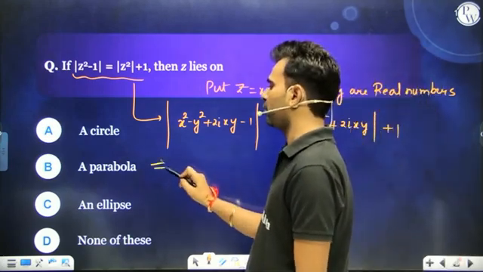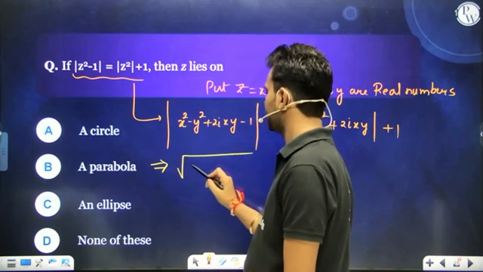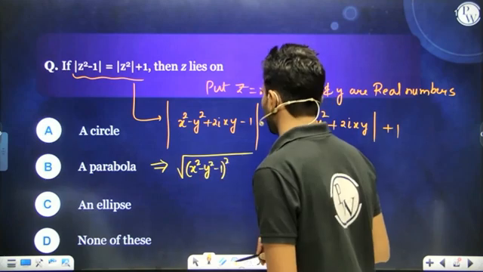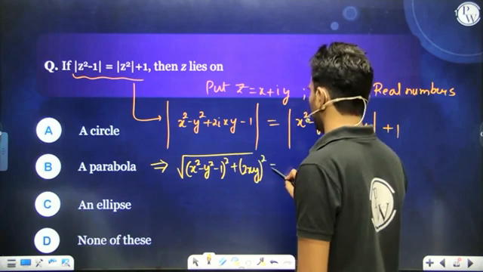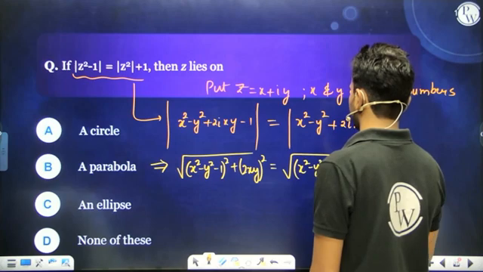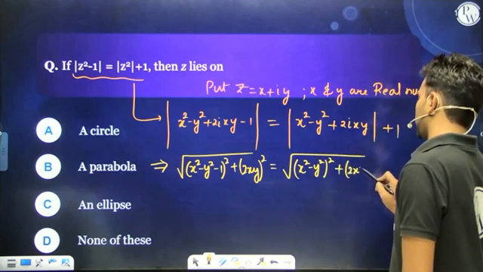Let's write down the modulus values of these two expressions. I hope you know the modulus. Under root of (x square minus y square minus 1) whole square plus (2xy) whole square equal to, over here it is going to be under root of (x square minus y square plus 1) whole square plus (2xy) whole square.